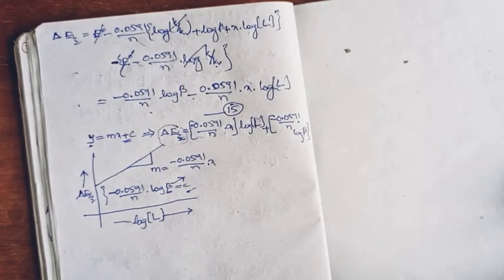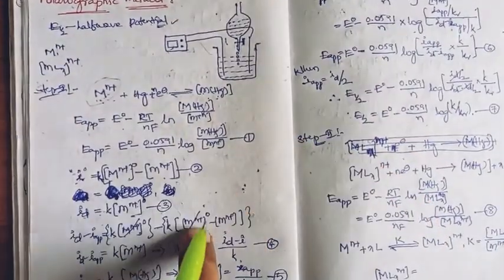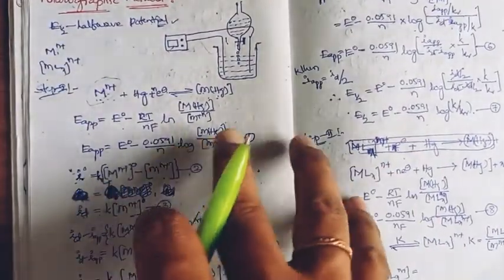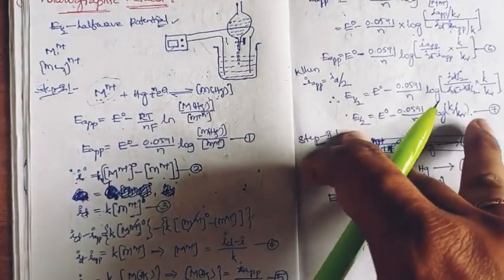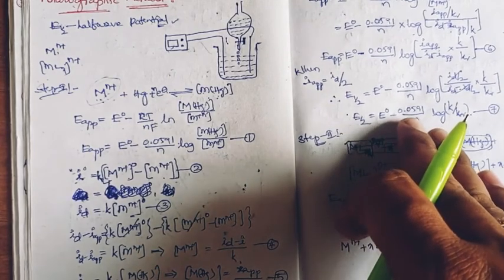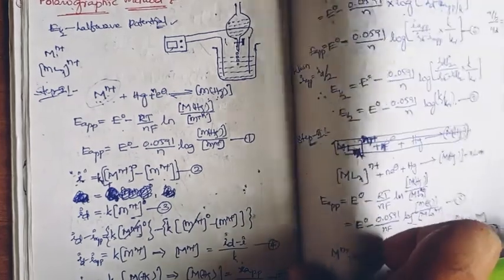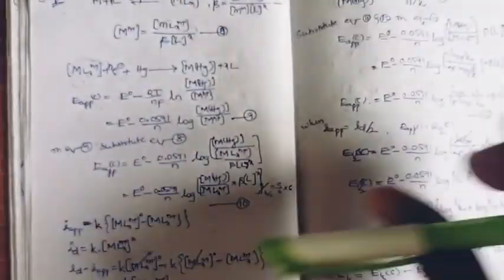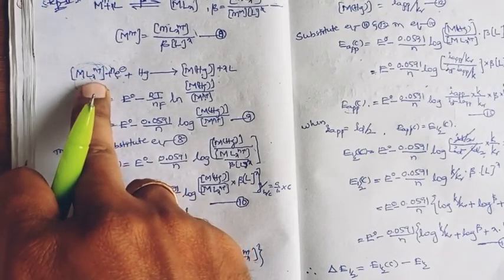It has a two step mechanism. In the first step we have the half-wave potential to reduce the simple metal ion. There we get equation number 7, E half is equal to E naught minus 0.0591 by n into log k by kr. The same reduction in the second step accounts for the complex metal ion reduction.